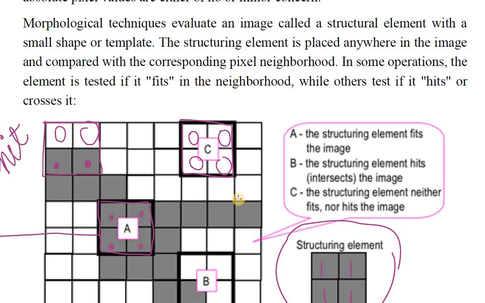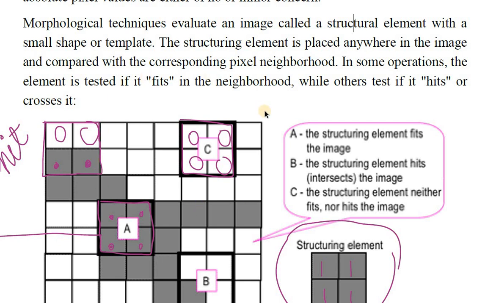Okay, and then we have either fit, hit, or we have miss. If it is fitting exactly as it is, then it is a fit. If it is fitting at one place or two places, then it is a hit. It is just intersecting, it is not exact. And if it is neither fit nor hit, then it is a miss completely.